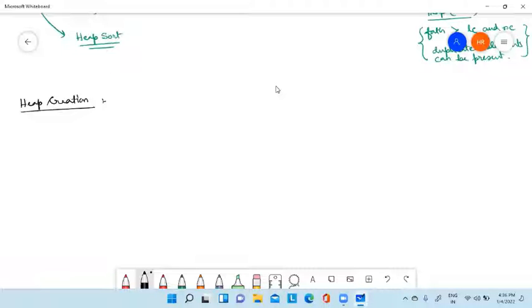Let's assume 25, 11, 32, 75, 62, then say 5, then say 82. Suppose I am going to create a heap with this data. Okay, so just first understand how to create.